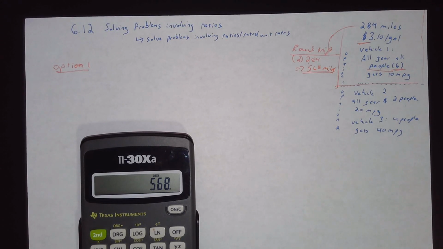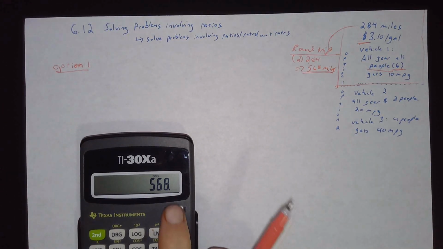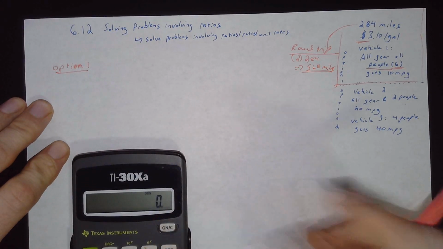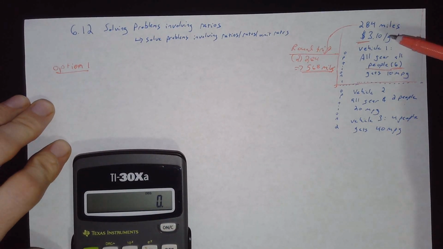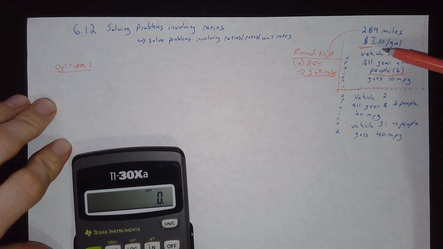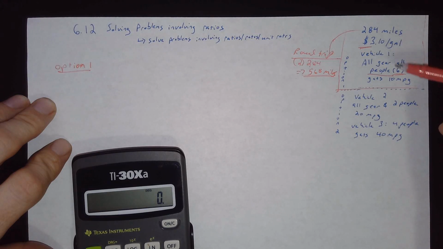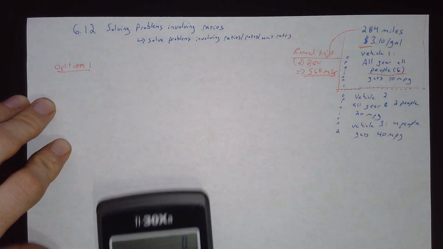Okay, so let's do the first one here. So our option 1. At the end of this calculation, our units need to be dollars per people, right? So what is the first thing we put on top?